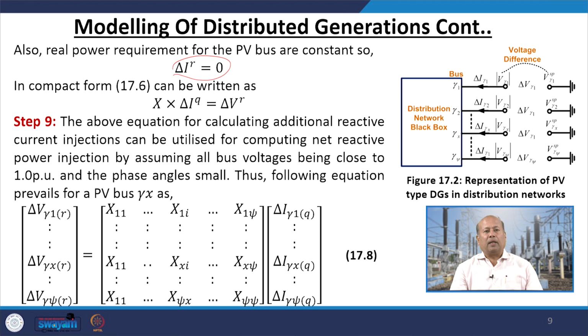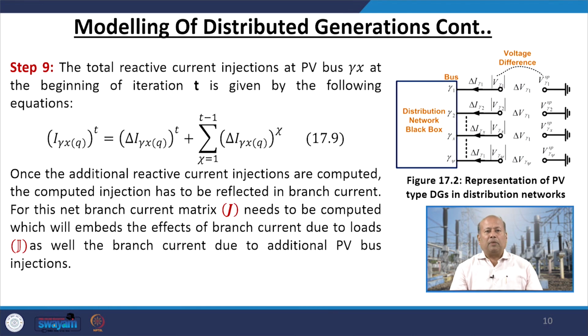Now, moving to step number 9, the above equation for calculating additional reactive current injection can be utilized for computing net reactive power injection by assuming all bus voltages are close to 1 per unit, and the phase angles are extremely small. Thus, the following equation prevails for a PV bus gamma x: delta V gamma 1 to gamma psi is the X matrix multiplied by delta I gamma 1 to gamma psi, equation number 17.8.